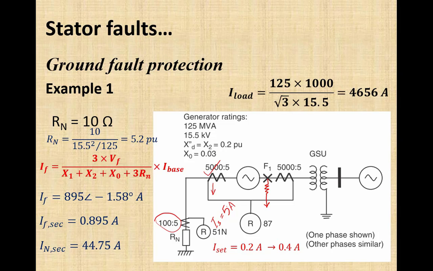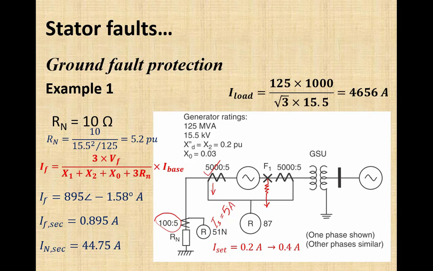The CT ratio in the neutral circuit is as low as 100 into 5, but the CT ratio for the phase differential relay is 5000 into 5, means it will transform 5000 ampere to 5 ampere current, stepping down the current by 1000 times, but the neutral CT is just stepping down the current by 20 times.